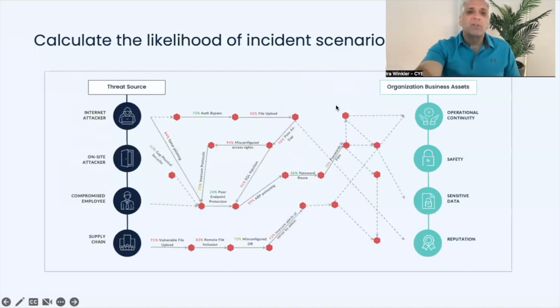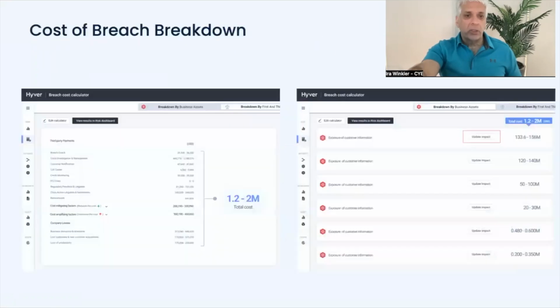So anyway, here's a more detailed picture, hopefully more zoomed in, where you can see we have a 92% threat from file upload. That's an indication of something that might be critical. A 94% probability for misconfigured access rights could potentially be another source of loss that we address for you, so you can start to calculate which of the vulnerabilities are most likely to be exploited, and that includes ease of exploitation.